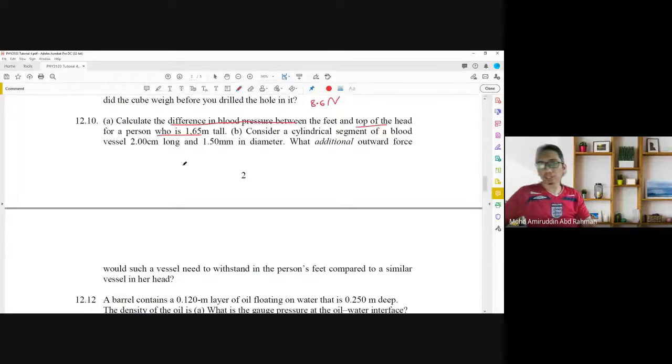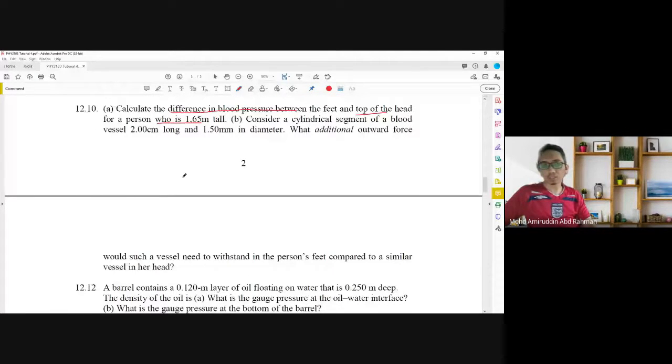What is the additional force due to the pressure? The additional force will be 1.61 Newton, which in atmospheric pressure will be 1/6 atm. So that's the answer for that.